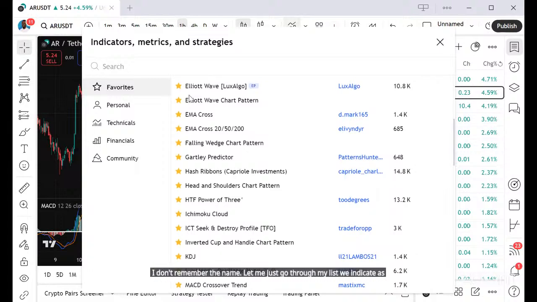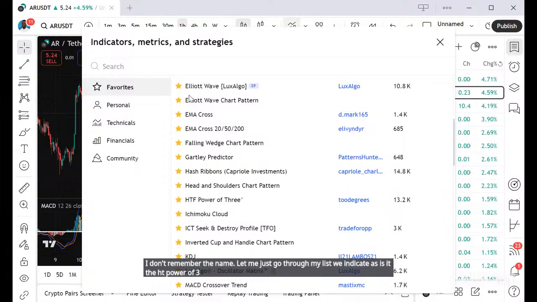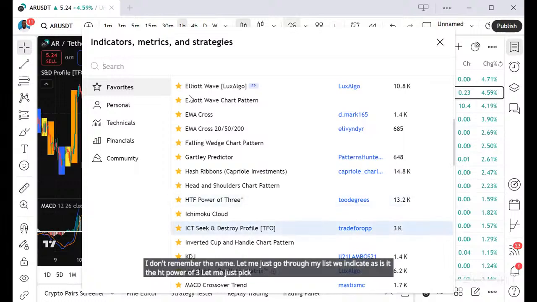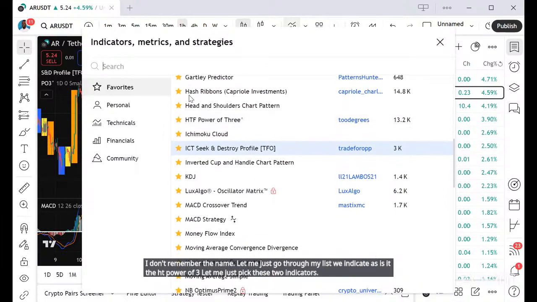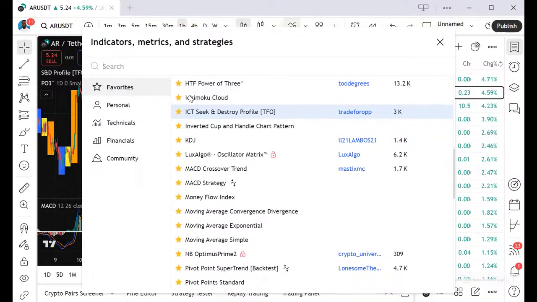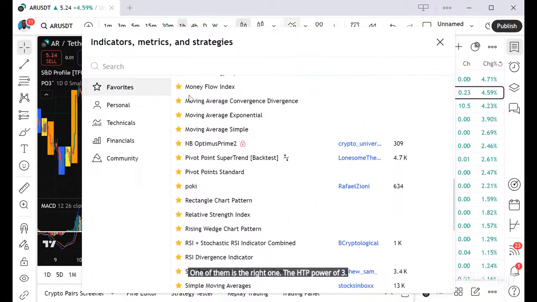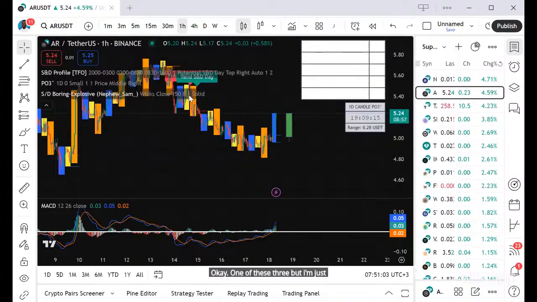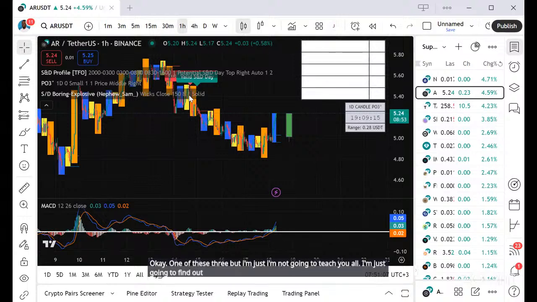Is it the HT power of 3? Okay, let me just pick these two indicators. One of them is the right one. The HTP power of 3. Just the ST boring explosive. Okay, one of these three, but I'm not going to teach you all. I'm just going to find out which is which.